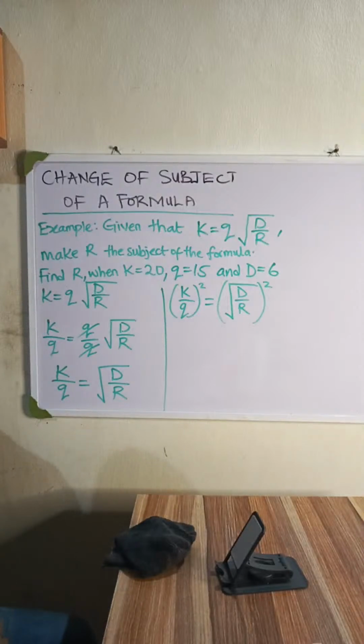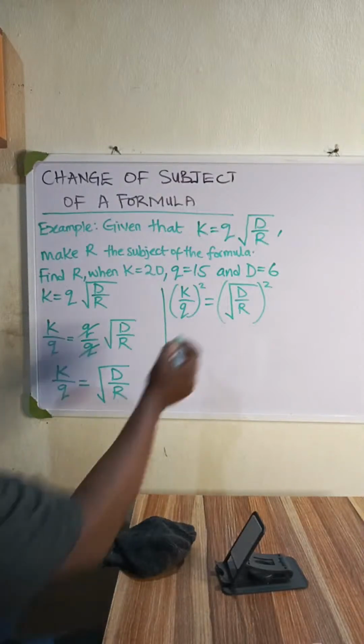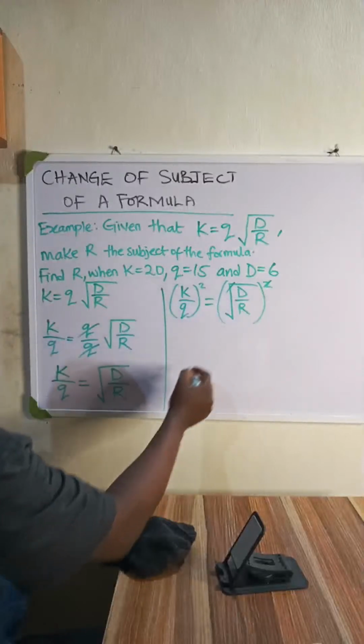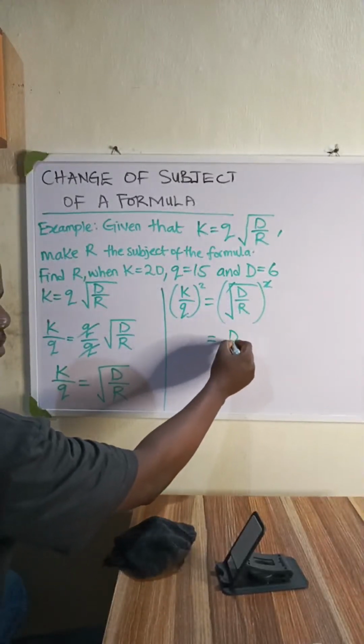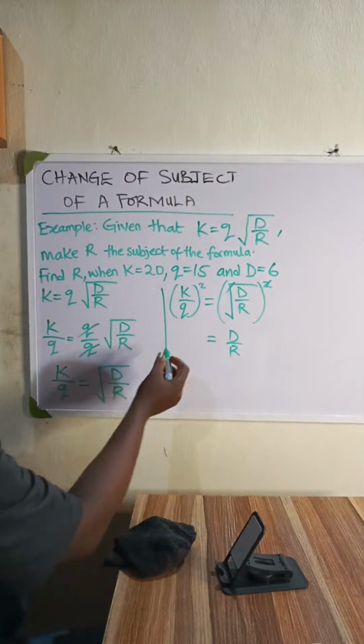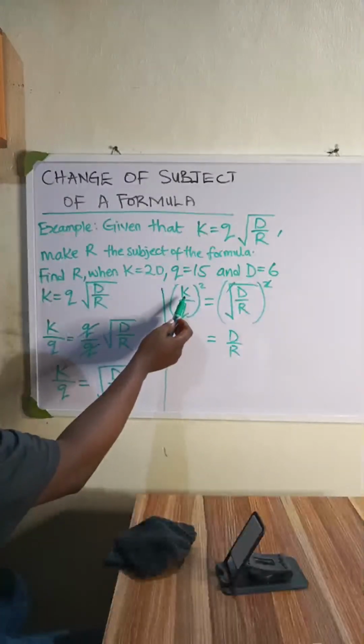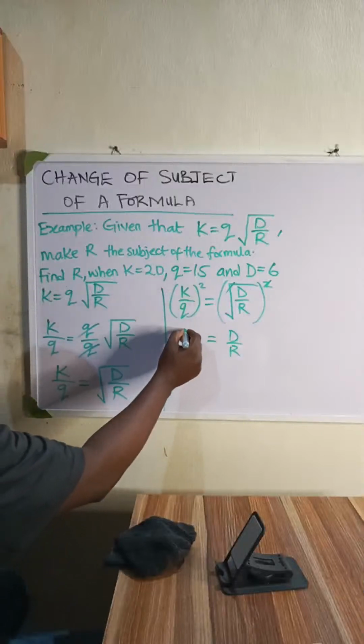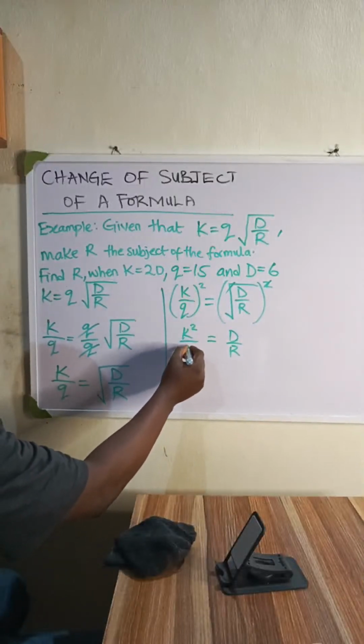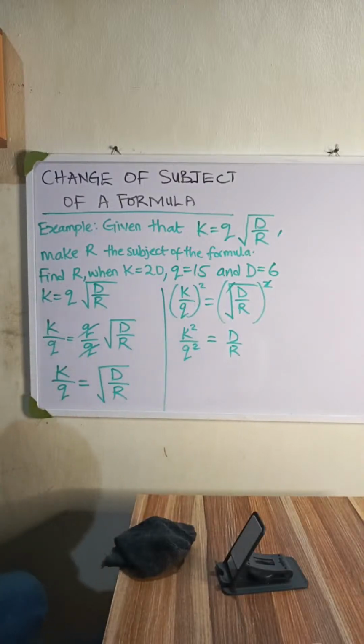On the right, square root and square will cancel out. We have d all over r. But on the left side, k all over q squared is the same as k squared all over q squared.